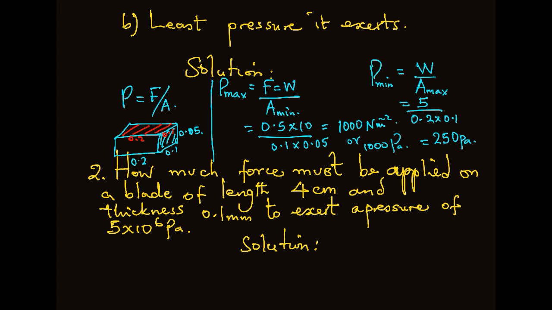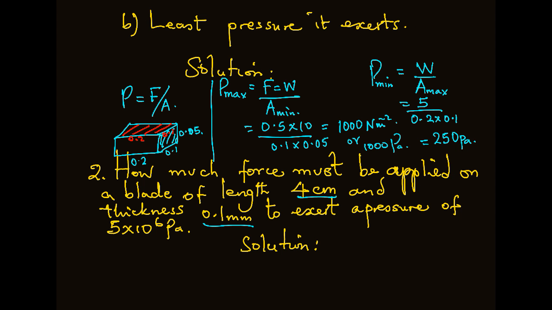Example 2. How much force must be applied on a blade of length 4 centimeters and thickness 0.1 millimeters to exert a pressure of 5 times 10 raised to the power 6 pascals? So we have been given the dimensions of the blade as 4 centimeters and 0.1 millimeters.